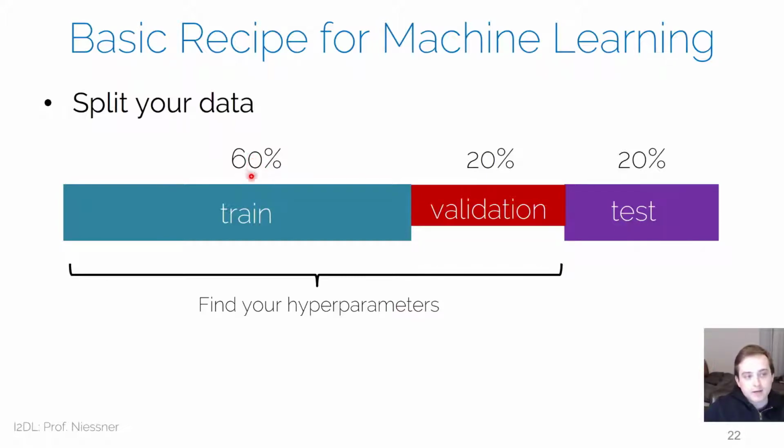Sometimes people train on more of the dataset because it's not so easy to get good training data, so you can see maybe 70 or 80% here and less on validation and test. These are the data that you find your hyperparameters on and experiment on. And the test set you only use at the end of the notebook.